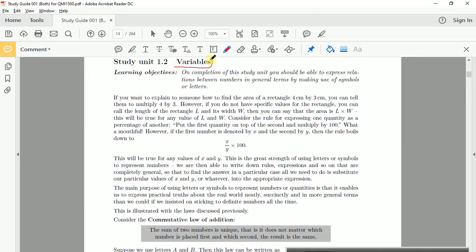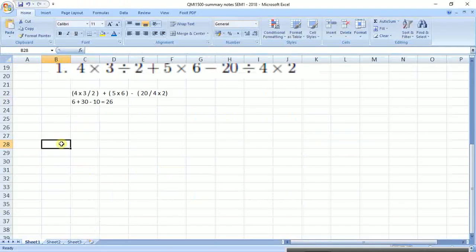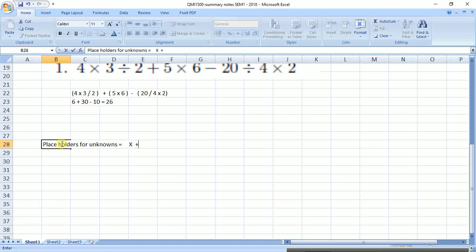Then we've got a note about a variable. What is a variable? It's a placeholder for an unknown. What do I mean by an unknown? Well, let's say I've got an x or a y. x plus 4 equals 9.